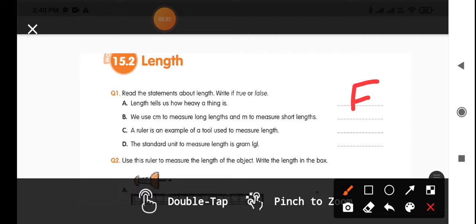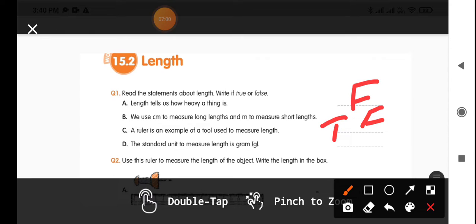And the next one, we use centimeters to measure long lengths and meters to measure short lengths. That is obviously false. To measure small length, we use centimeters. To measure long length, we use meters. And a ruler is an example of a tool used to measure length. Yes, till now you have seen how to place the ruler.